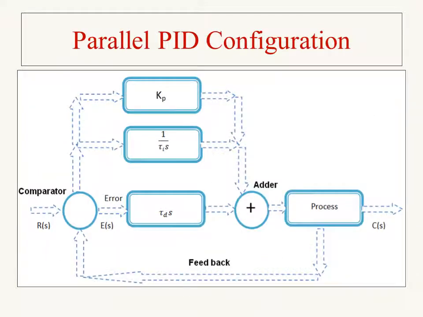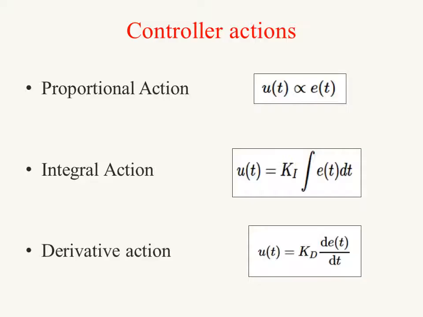Next one is the parallel PID configuration. In the parallel PID configuration the things are in parallel: proportional, integral and derivative. So we can have individual control of each term. Next, how does it work? Basically the controller action, wherein U is the controller output and E is the error input.